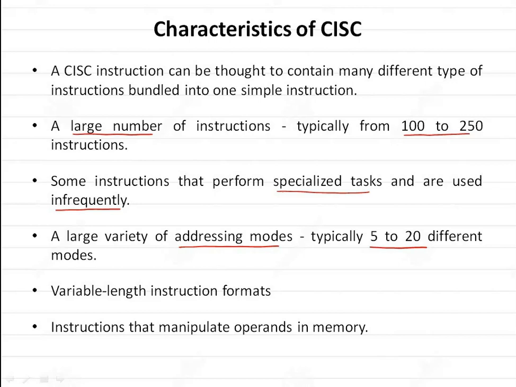And we have variable length instruction formats. Again, this makes the architecture complex. The instructions have the ability to manipulate operands directly in the memory. So there is no need to load the operands into the registers of the CPU. We can directly manipulate them in the memory. So that is the last characteristic.